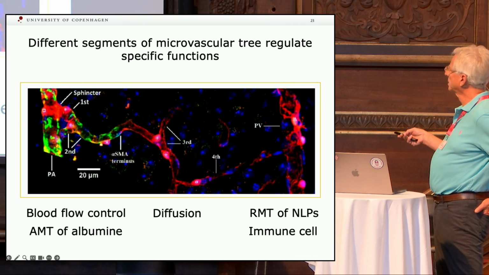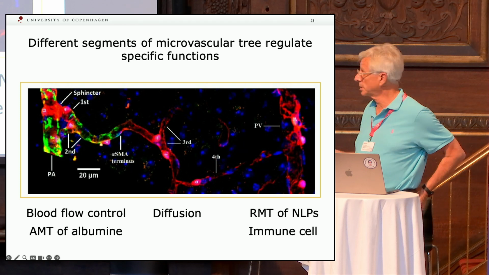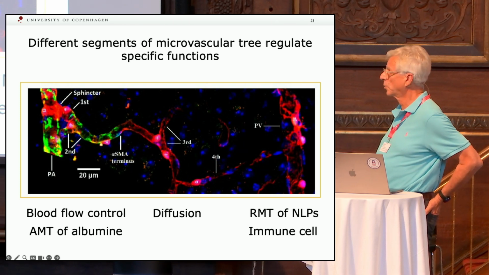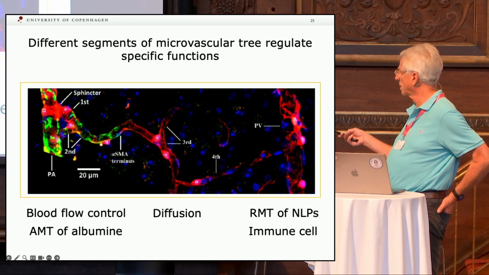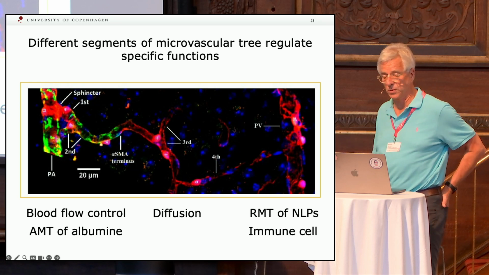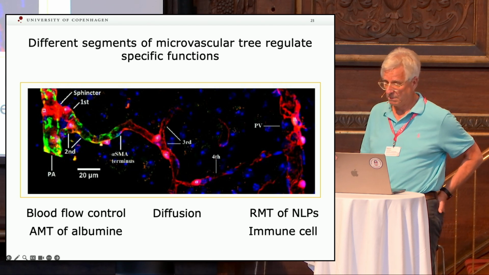And then at the venous end, you can get receptor-mediated transcytosis of nanoparticles. And this is also where immune cells get out, for example, if you have multiple sclerosis. So multiple sclerosis is not immune cells getting in all over. They're only getting in at postcapillary venules.